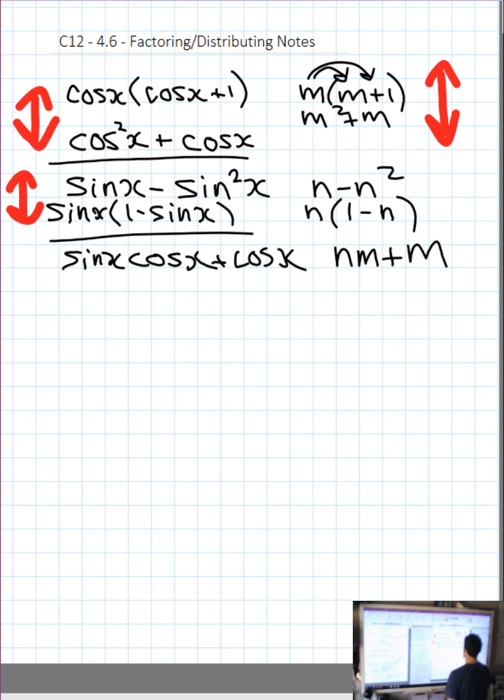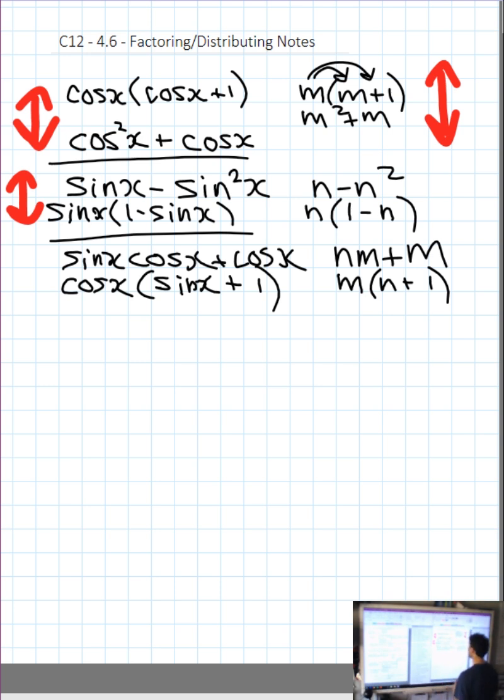Now, they both have an m, so I can factor out an m, and I get n plus 1. So, off to the left, they both have a cosine, so I can factor out a cosine, and I get sine x plus 1. So, if doing these things off to the right helps, feel free, keep doing it. If it doesn't and you just want to go at it, do that.